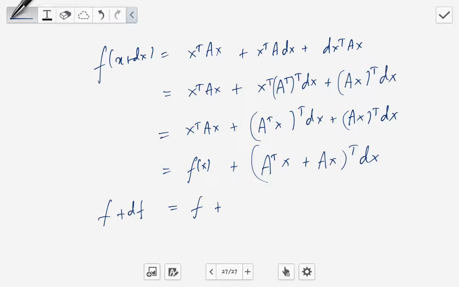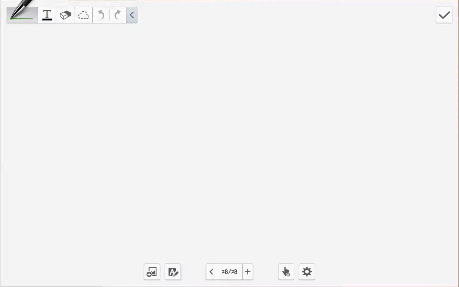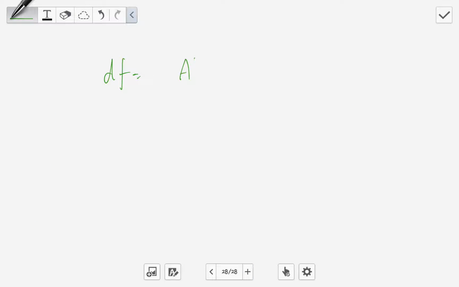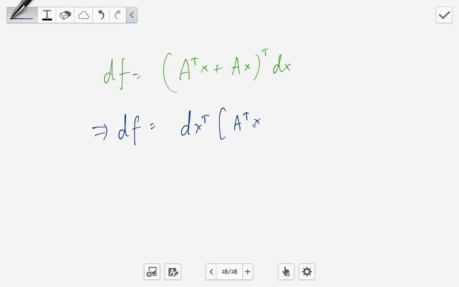This is f plus A transpose x plus Ax transpose dx. Now we'll cancel this f on both sides. This will now become df is equal to A transpose x plus Ax whole transpose dx. Now from our other form, this becomes df is dx transpose A transpose x plus Ax. Fine. So we have from our notation, this is del f of x is A transpose x plus Ax.